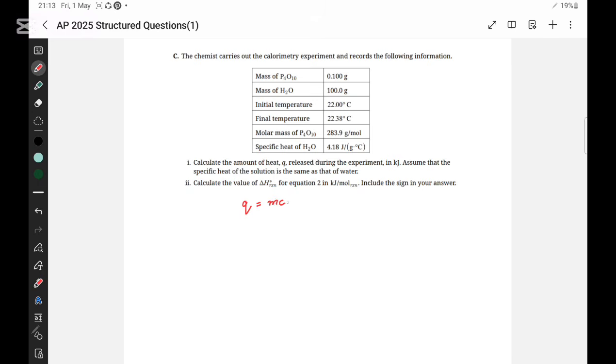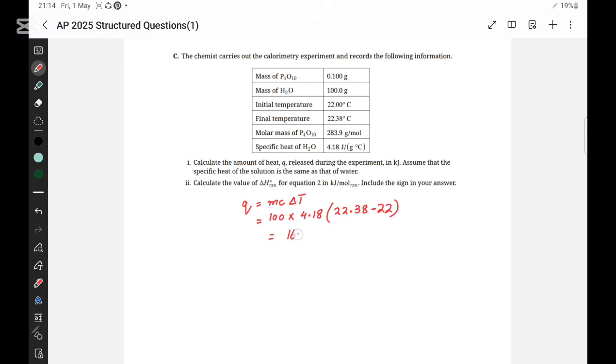So Q is equal to mc delta T. M is the mass of water, which is 100 grams. Specific heat capacity is 4.18, and the final temperature 22.38 minus the initial temperature comes out to be 22.